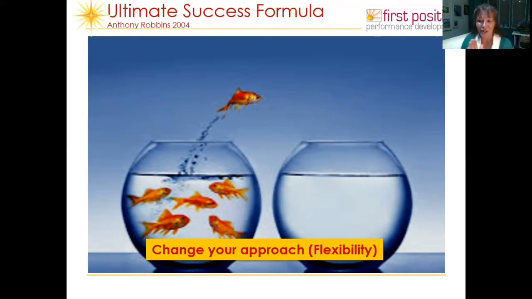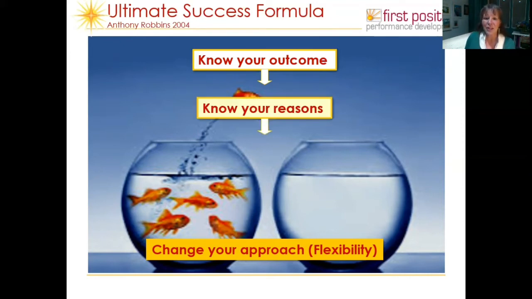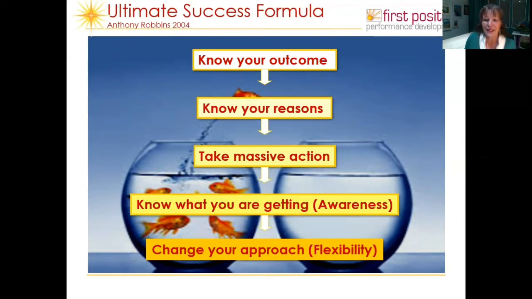I'll say that again because I think this is such a powerful learning. If your massive actions are not taking you closer towards achieving your outcome, doing anything else stands a greater chance of getting you there. And doing anything else could mean just stopping that action. Okay, so here are the five steps.